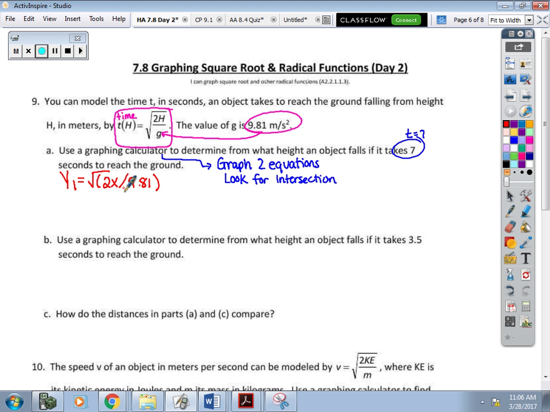However, multiplication and division will go in order from left to right, so the graphing calculator will do that for us. Now in y2, the other equation we're going to put in is actually just a constant function, just y equals 7. So when time equals 7, when y equals 7.